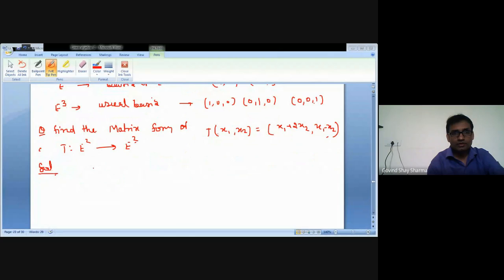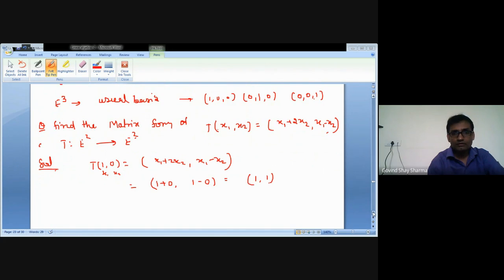First we take the usual basis (1, 0). So put x1 is equal to 1 and x2 is equal to 0. Put the values in x1 plus 2 x2, x1 minus x2. So 1 plus 0, which is 1, and 1 minus 0, so we get 1.